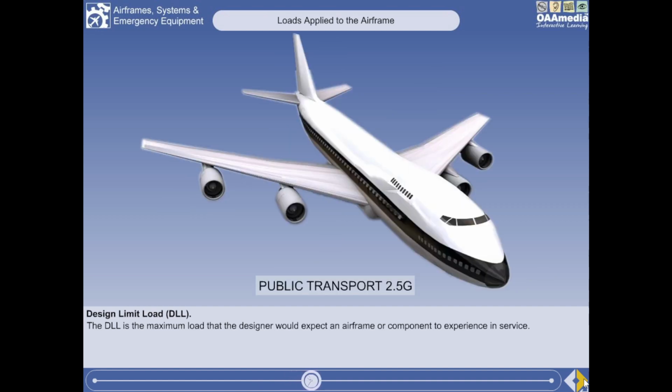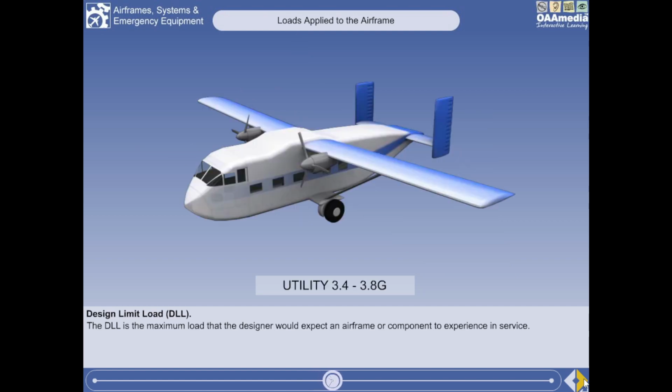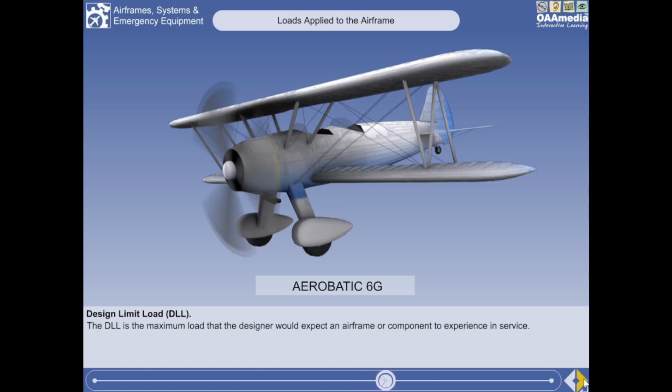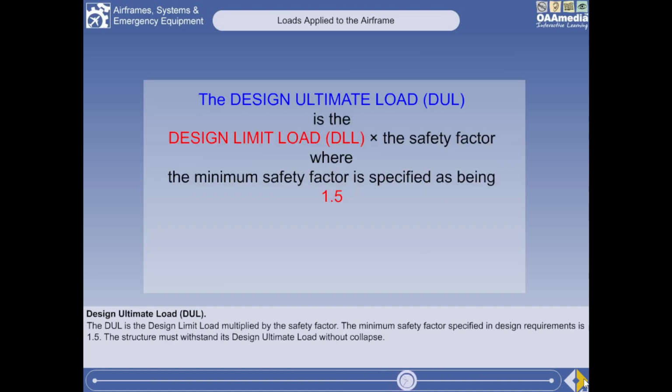The design limit load is 2.5g for public transport aeroplanes. The design limit load is 3.4 to 3.8g for utility aircraft, and 6g for aerobatic aircraft. The design ultimate load is the design limit load multiplied by a safety factor.